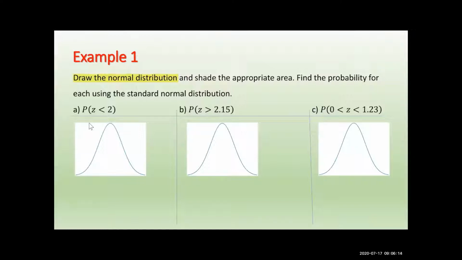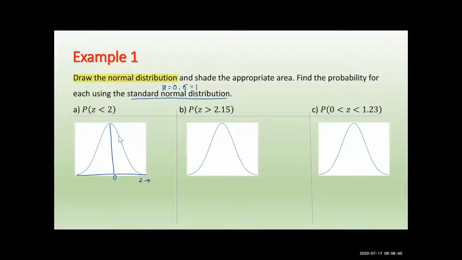So for the first one, the question is we have to find the probability that the z-score is less than 2. So you know that along the x-axis, you have your z-scores. And in the middle for the standard normal distribution, because this is the case of standard normal distribution, your mean is 0. Okay, for standard normal distribution, mean is 0 and standard deviation is 1.